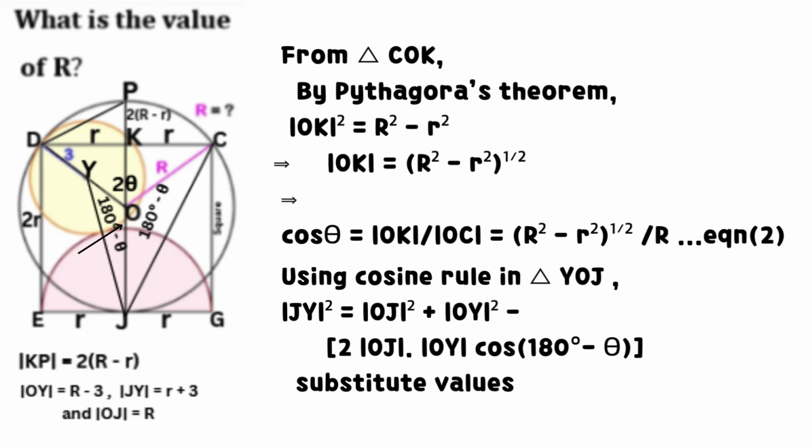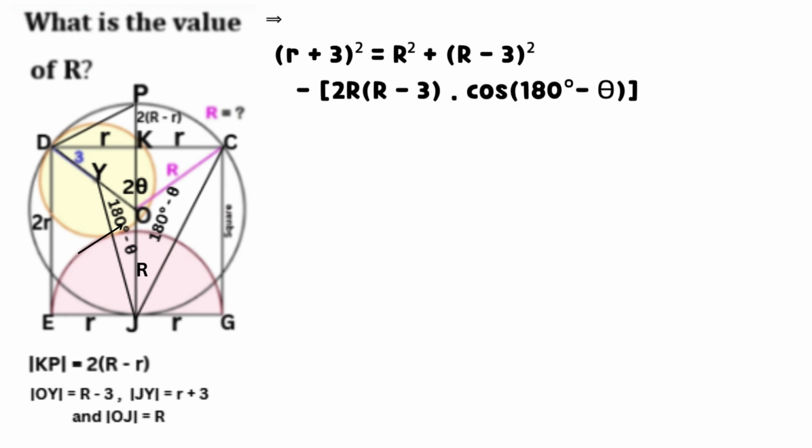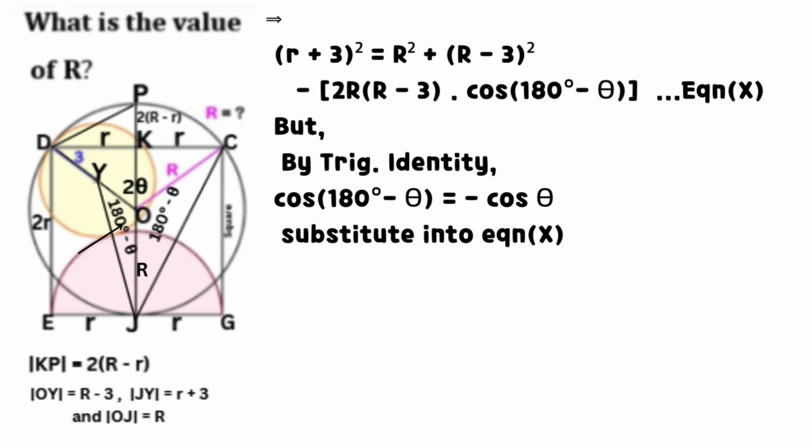Substitute values. The square of small r plus 3 equals the sum of the square of r and the square of r minus 3, plus 2 times the product of r and r minus 3 multiplied by cosine 180 degrees minus theta. We call it equation X.